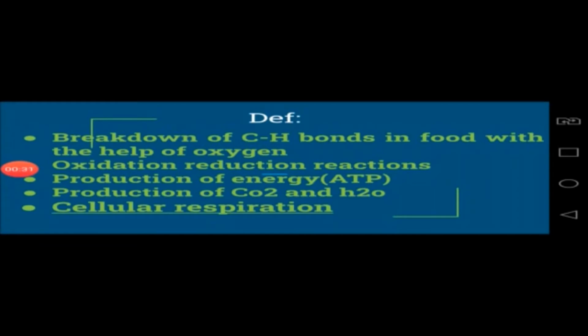Organisms utilize oxygen for the breakdown of carbon-hydrogen bonds present in the food to produce energy in the form of ATP. It involves oxidation-reduction reactions, and as a result, carbon dioxide and water are produced. So this energy-yielding process is called cellular respiration.